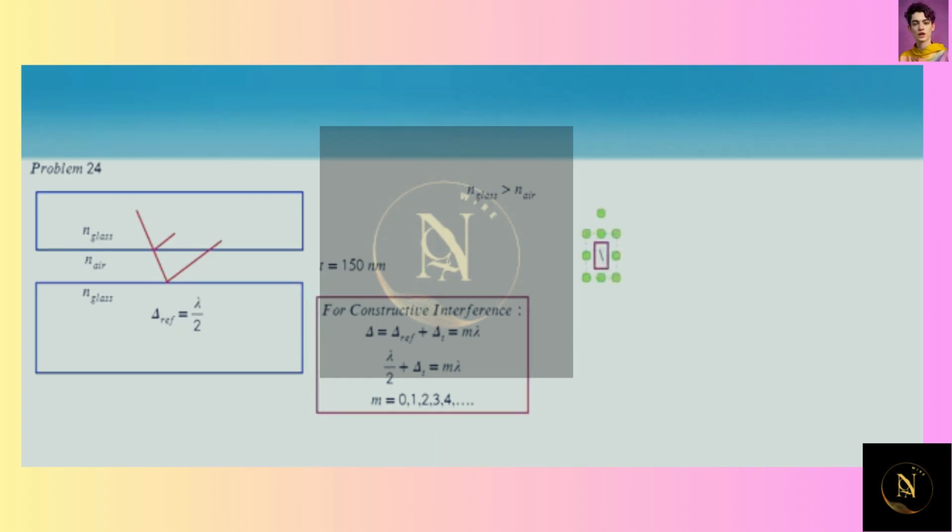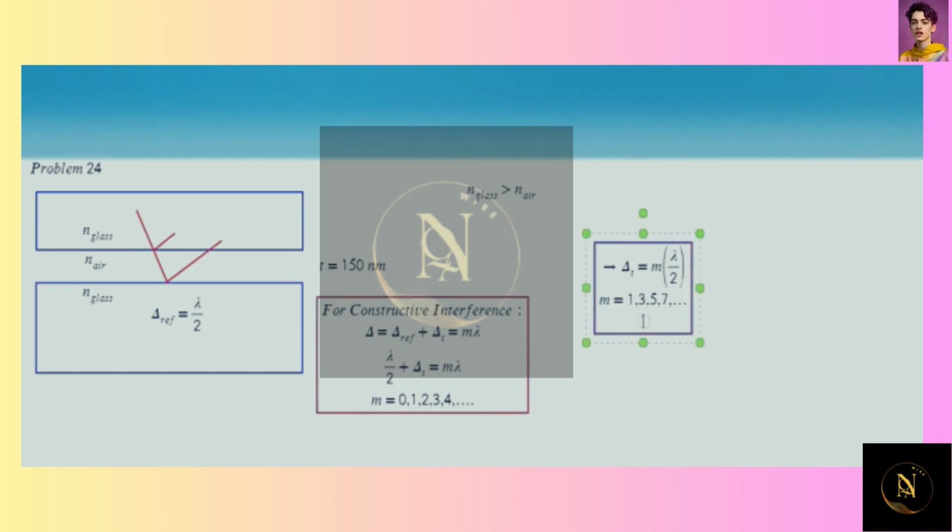We get delta t must be equal to an odd integer multiple of half wavelengths. So in this case, m is going to be equal to 1, 3, 5, 7, etc. Odd integer multiples, because odd integers here plus half a lambda is going to give us integer lambdas here.